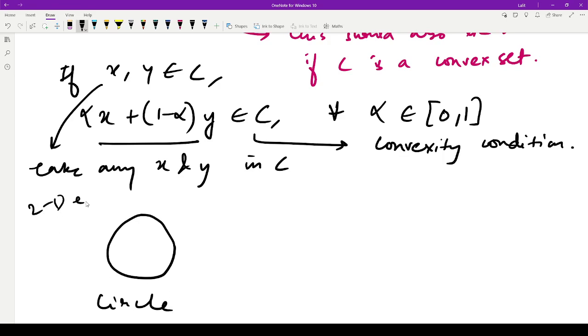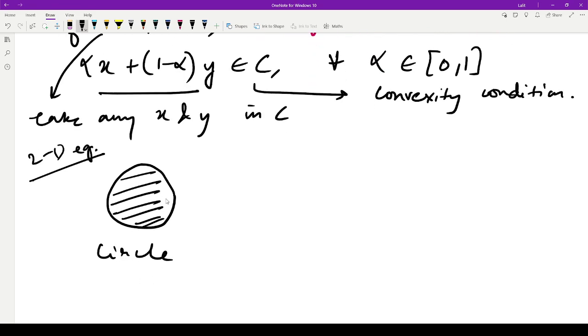These are 2D examples. My set contains both the boundary and the region inside the circle. So is it a convex set or not?